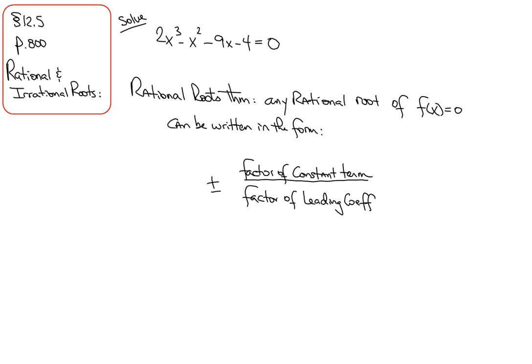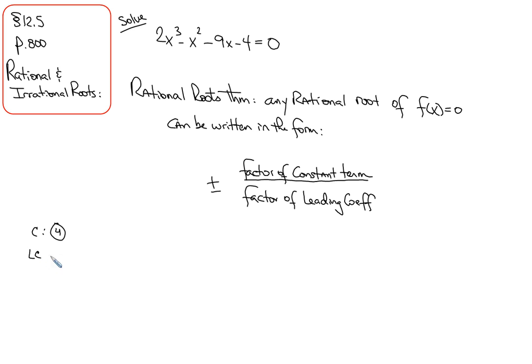Factors of the constant term, the last term when it's written in standard form, divided by factors of the first term when it's written in standard form, the first coefficient. So, what is my constant on this particular polynomial? 4. Now, we ignore the positives or negatives, guys, because we're going to slap plus or minus onto all the possibilities anyway. So it's just a number that we care about.